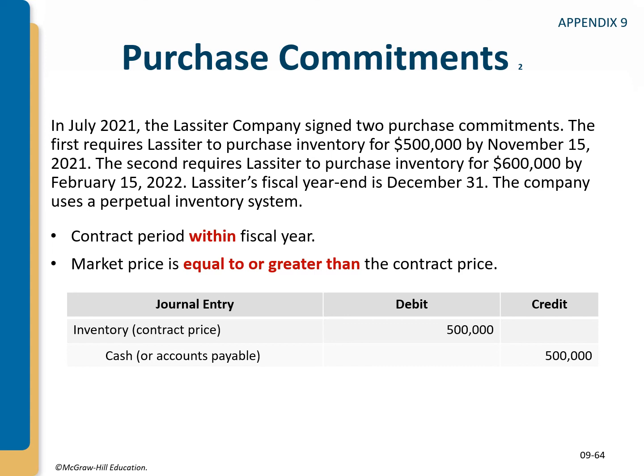When they purchase the goods, they're going to record them at the lower of market price or the purchase commitment price. Now, in this case, the market price ended up being greater than the contract price. So when they actually purchase them, they're going to debit inventory and credit cash.